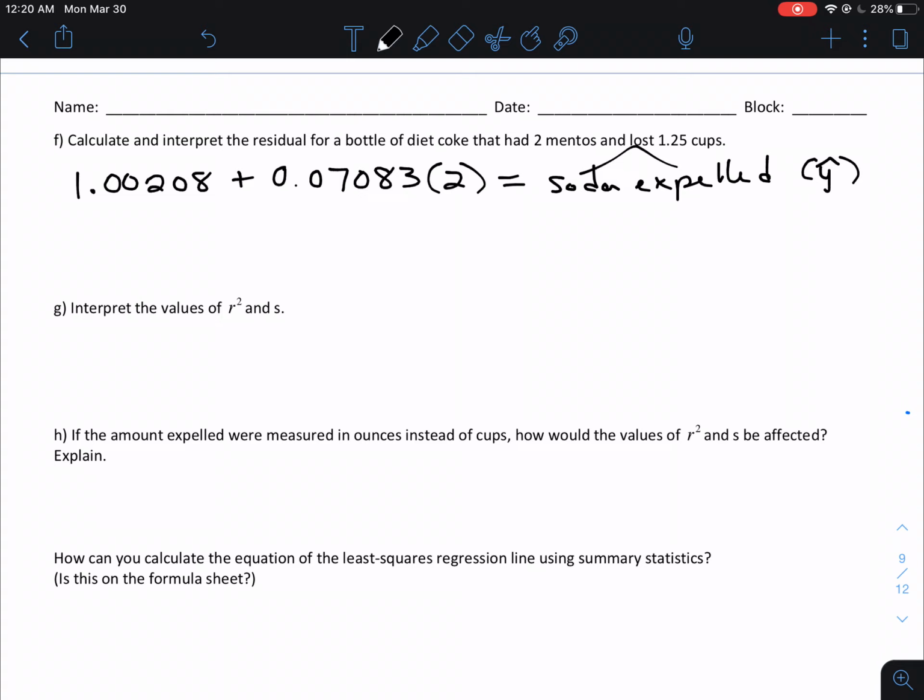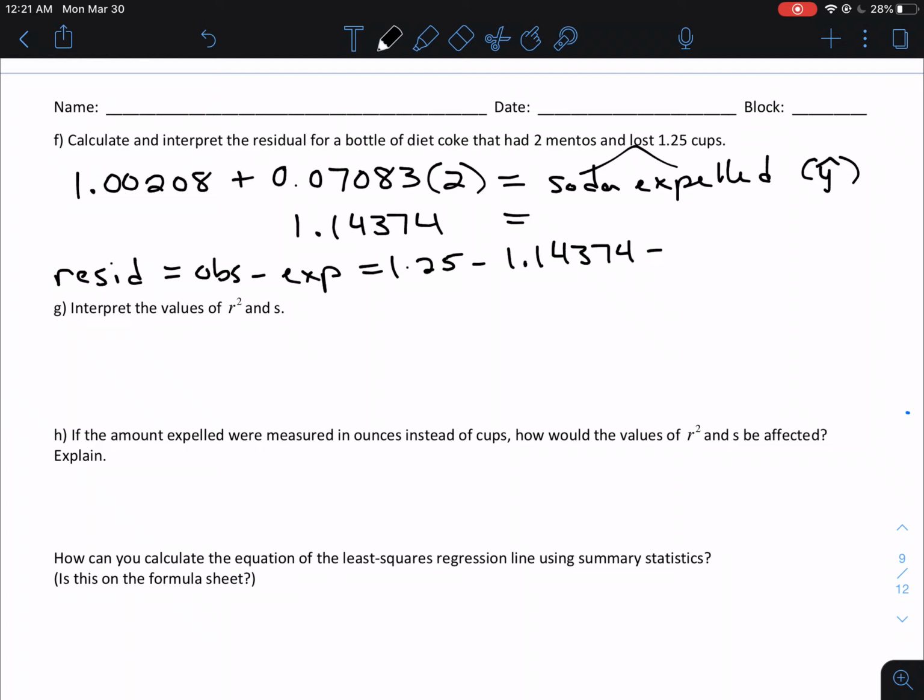So 1.00208 plus 0.07083 multiplied by 2 is a predicted value of 1.14374. So now to find our residual, we're going to take our observed minus our expected. So our observed is 1.25 minus our expected of 1.14374 gives us a difference of 0.10626.